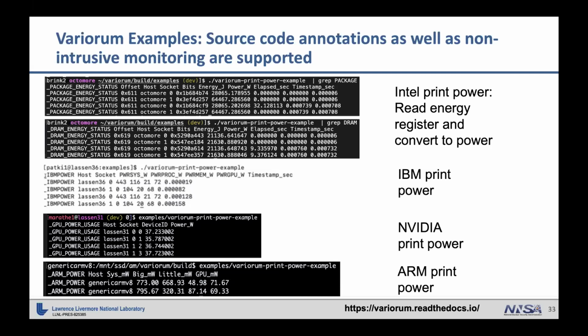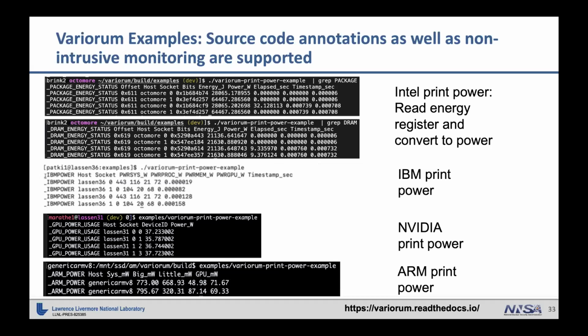We're also showing that same example running across the other systems that we support. So on Intel systems, they have the package domain and the DRAM domain. What's different about Intel systems is that they're providing the actual energy consumption in the register. And so it's this register that we're reading in Variorum.